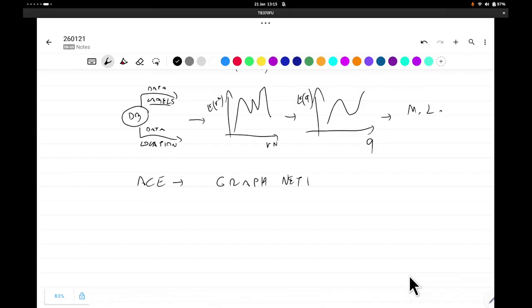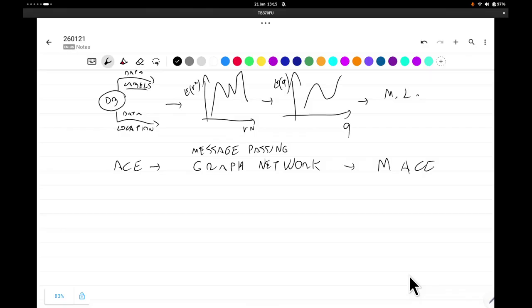A graph network, to be more precise, is a message passing network that gives rise to MACE, where the M is for multi-message passing, something ACE.